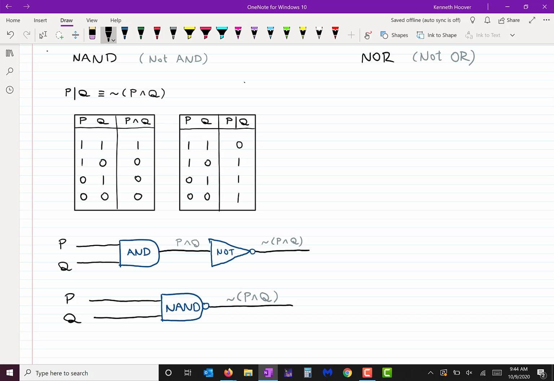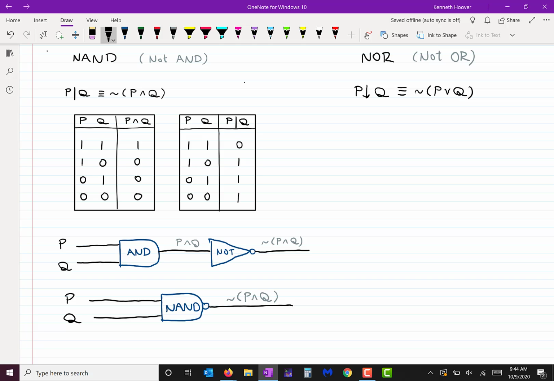Okay, so this is the negation of P or Q. The symbol, again, we use this in math to mean something different. So this is a symbol you would only use in computer science. It's P, downward arrow, Q. Okay?